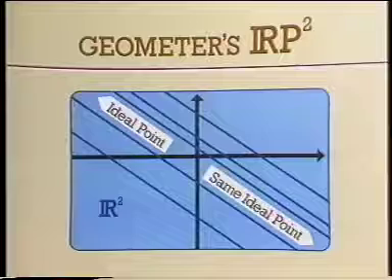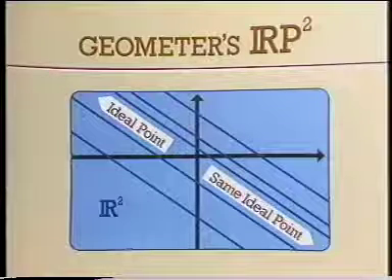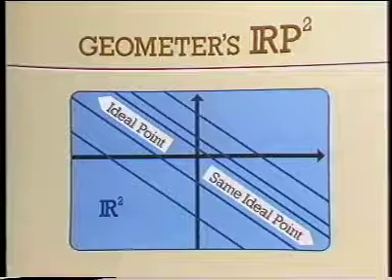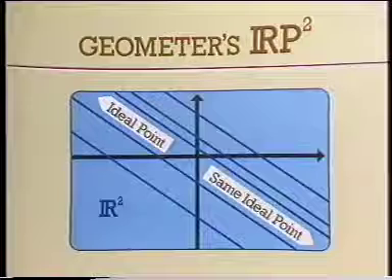Let's look now at another example of a covering surface. Again, it's something you've met before in the programme on the projective plane. Remember the description of RP2 as the plane R2 plus the ideal points at infinity.